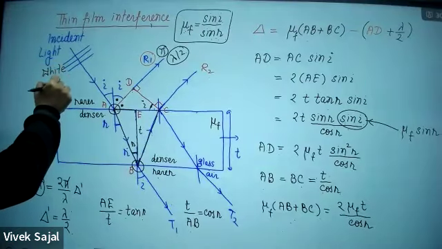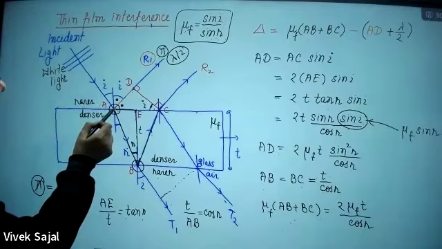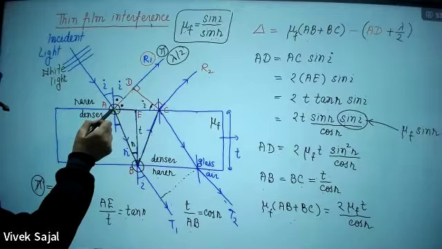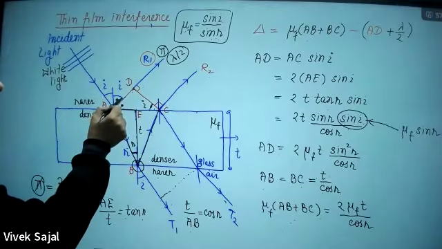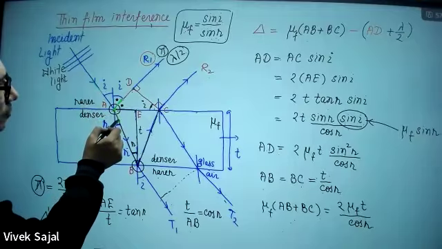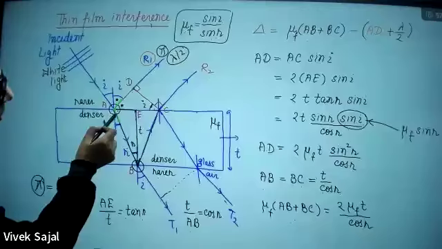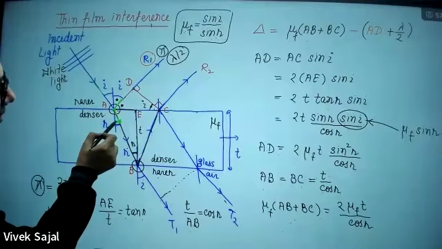Look here. Just 1 second. Up to this point, this reflected light and transmitted light were the same. From here, it is split into two parts. One part is moving like this, another part is moving like this. Now this transmitted light is obtained from the part that is transmitted.